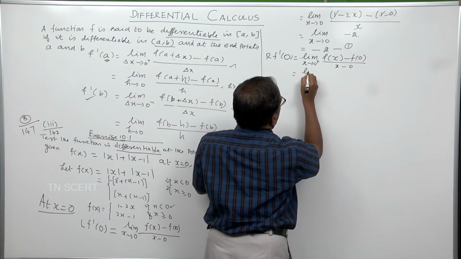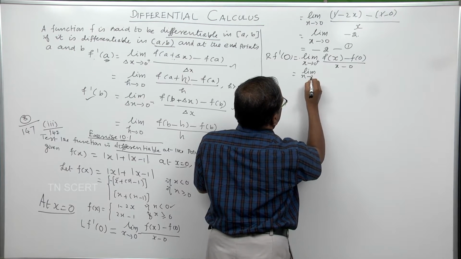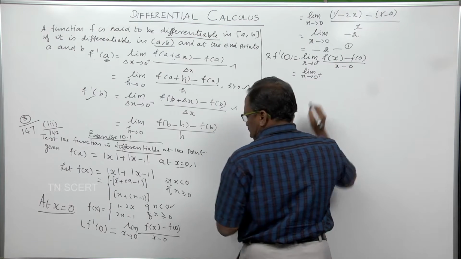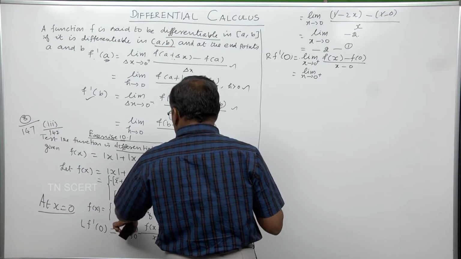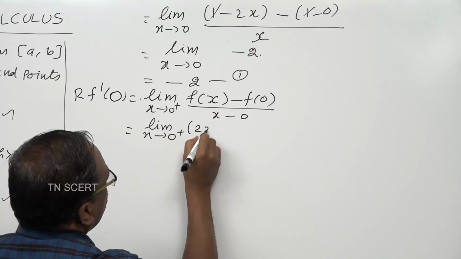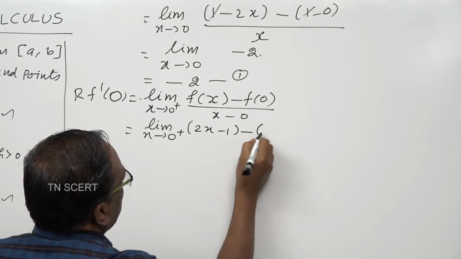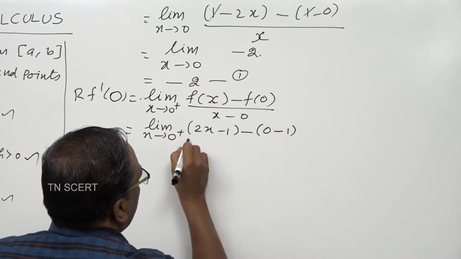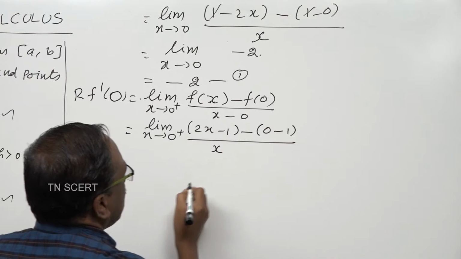What do we have for f of x? It is 2x minus 1. So this is 2x minus 1 minus the value at 0, that is minus 1, whole divided by x.